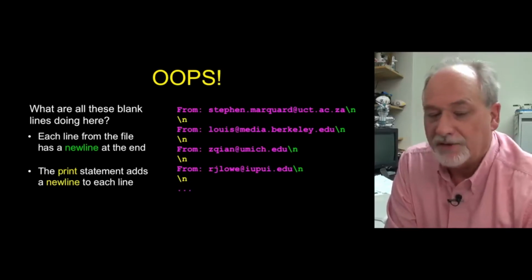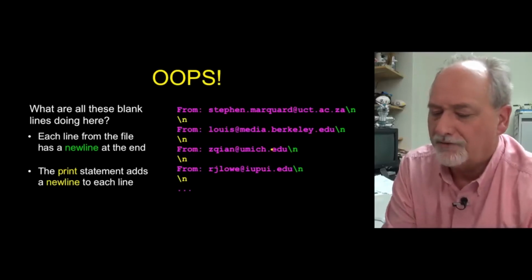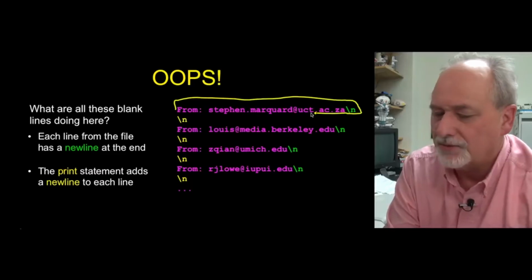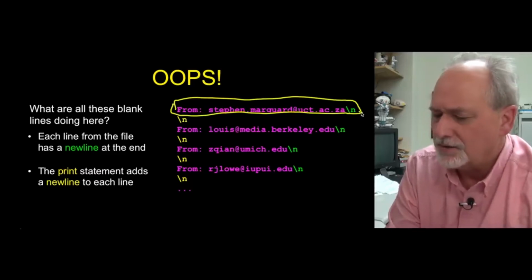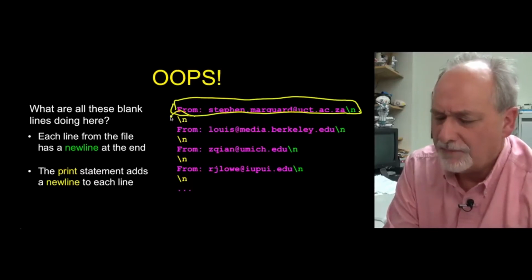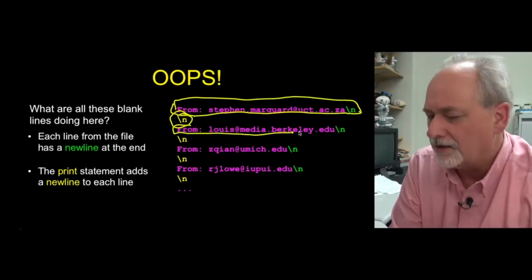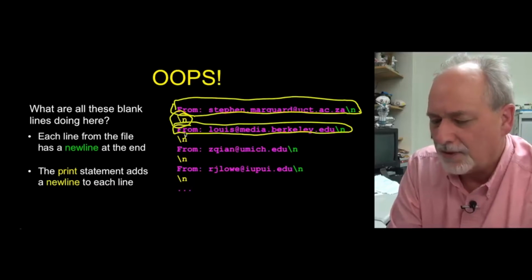When it reads the first line, it reads up to and including the newline and gives you that back as the variable. And then the print statement actually adds another newline. So the second line of the file has a newline at the end of it, and the print statement adds another newline.